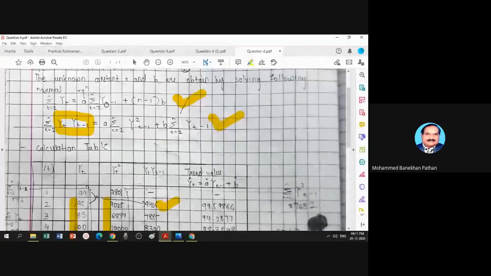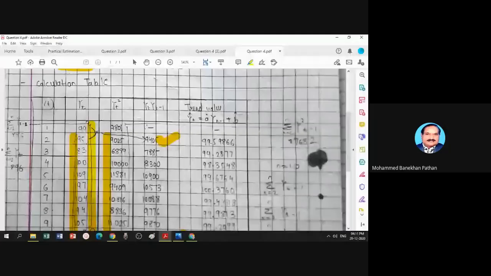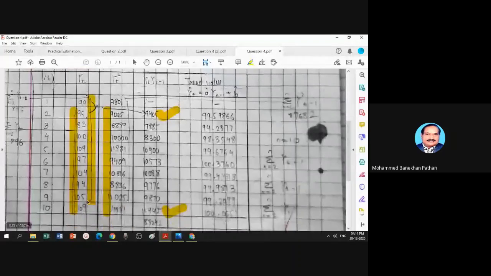Now, what about this, 2 to n minus 1? Here y1 to n minus 1. So these are your calculations, starting from 99 and continuing till here.